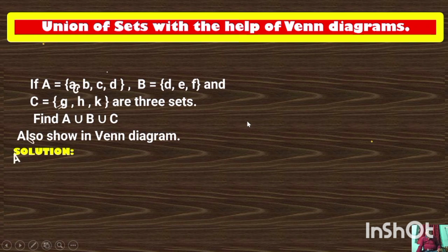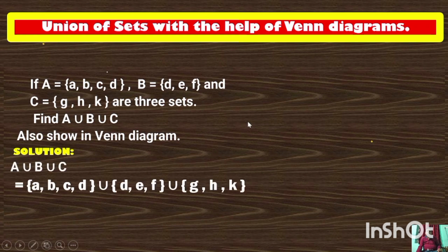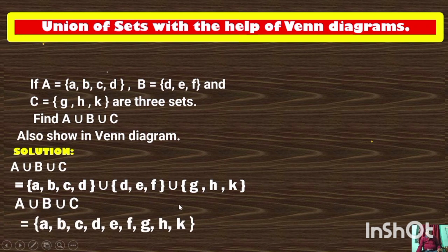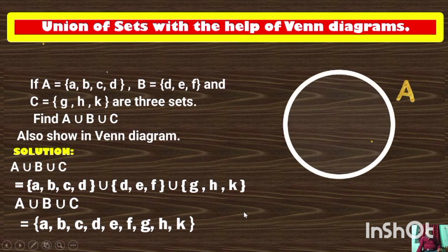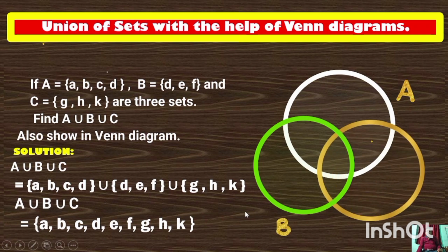Let's see the Venn diagram here. Understand? Here for A union B union C, what are the elements? a, b, c, d, e, f, g, h, k. And look at the Venn diagram here. Here it is the set A, set B and set C. The elements of the set A are a, b, c, d.